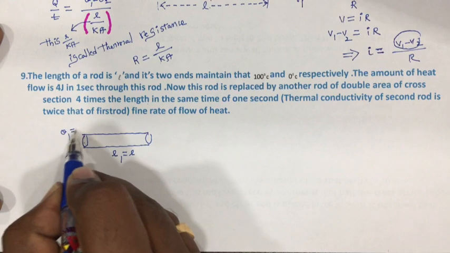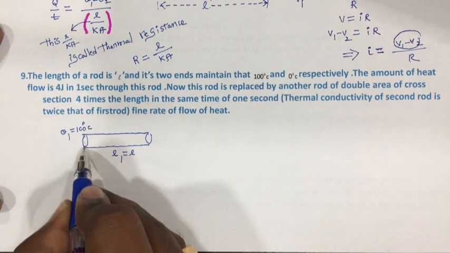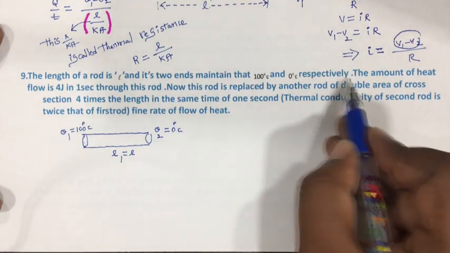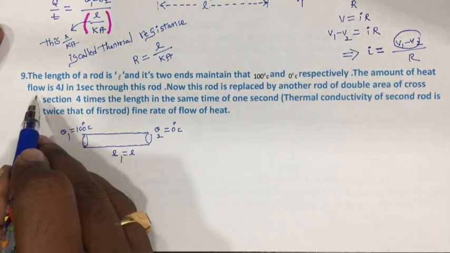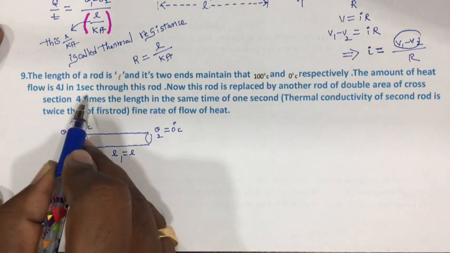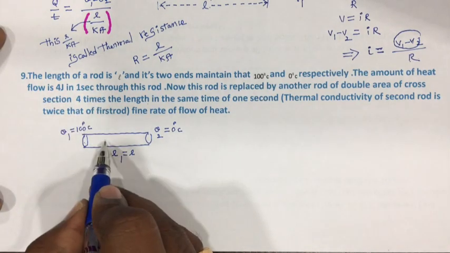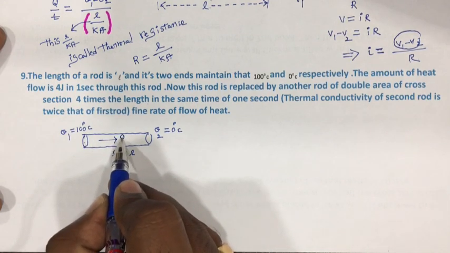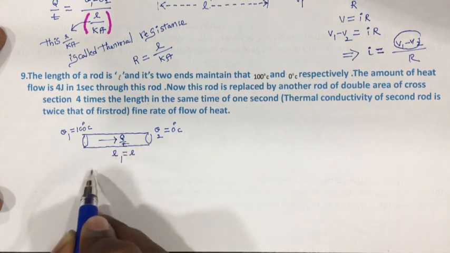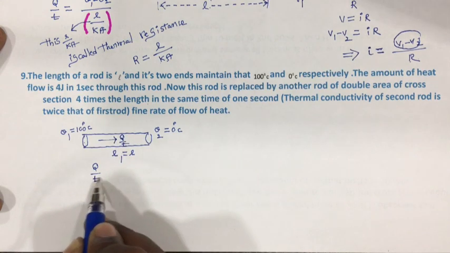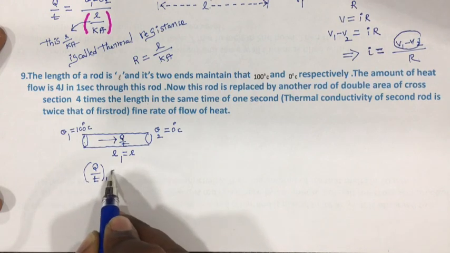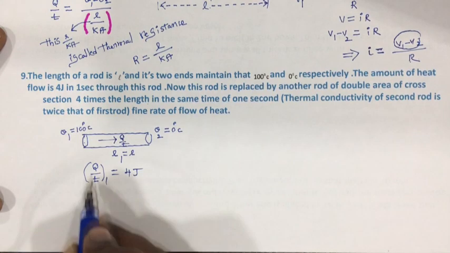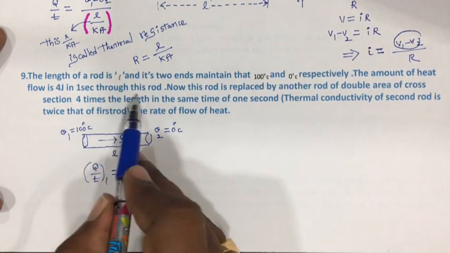Theta 1 is equal to 100 degrees Celsius and theta 2 is 0 degrees Celsius respectively. The amount of heat flow is 4 joule in 1 second, that means Q upon T. So the first case is 4 joules per second rate of flow of heat through this rod.